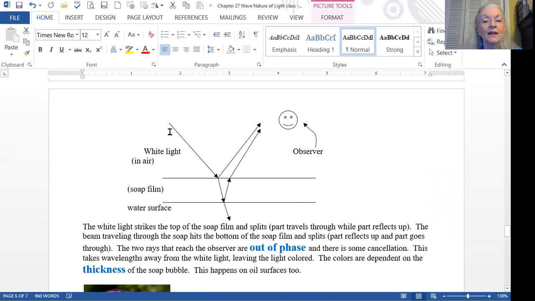So in the little drawing, the light comes in, some of it reflects off the top surface, some of it comes down and hits the bottom surface and reflects up. And your eye sees both of these. They're going to be slightly out of phase with each other, so there'll be some constructive or destructive interference depending on the thickness of the soap film. And that will control the color of the light that you get.